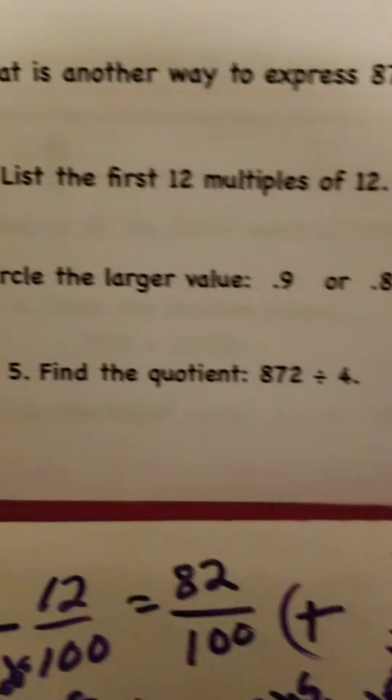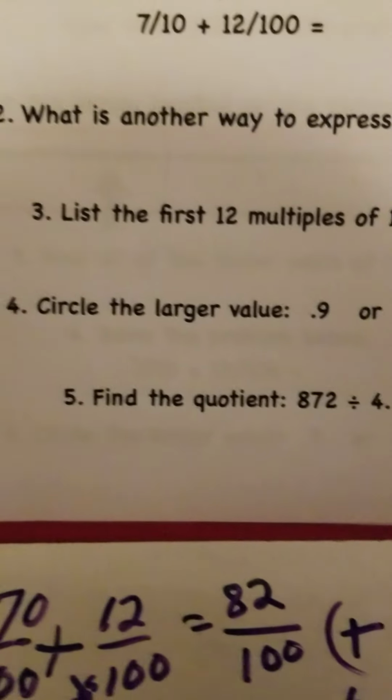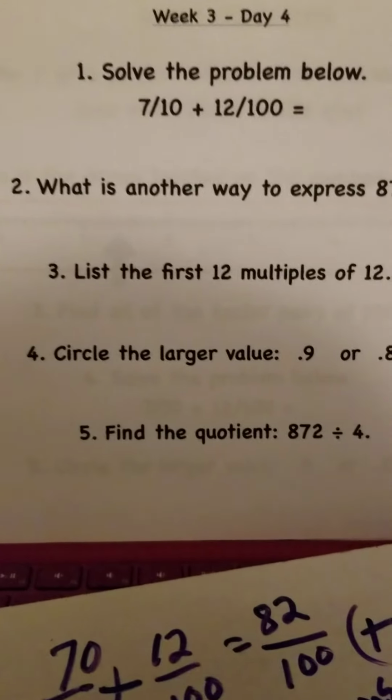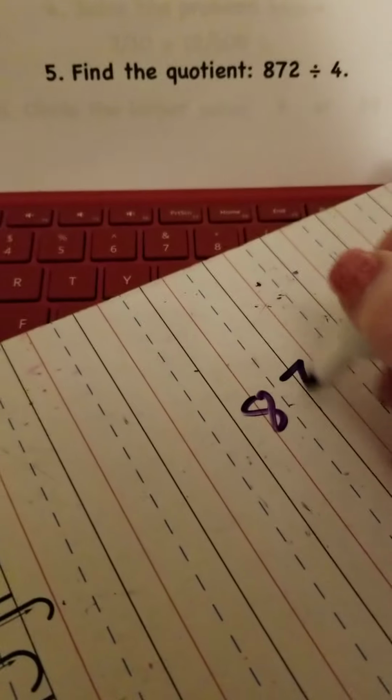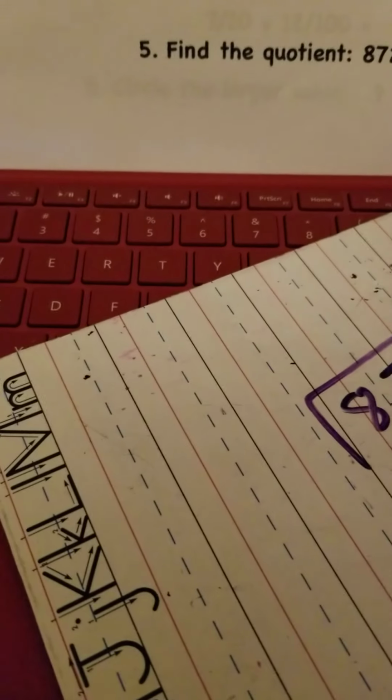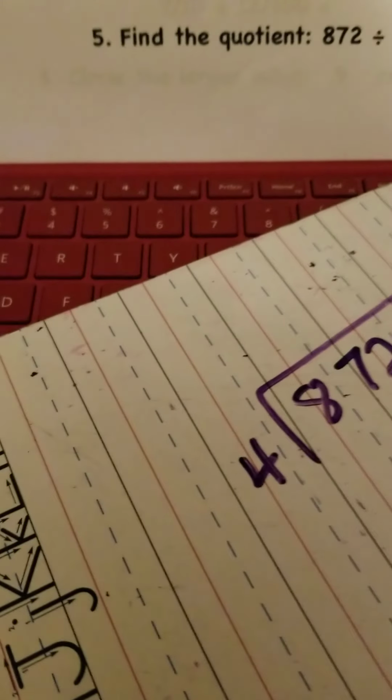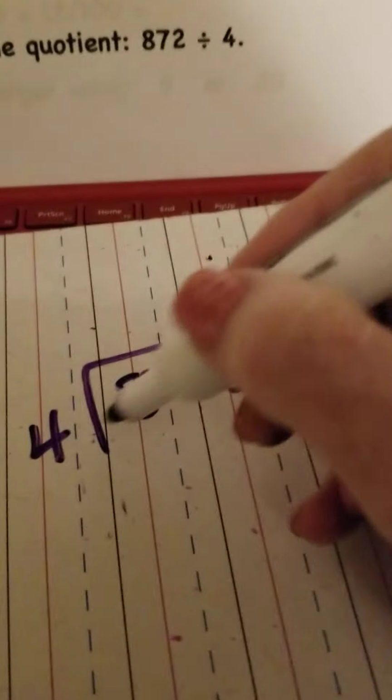Okay, number 5. Find the quotient for 872 divided by 4. Okay, 872 divided by 4. Okay? Division.